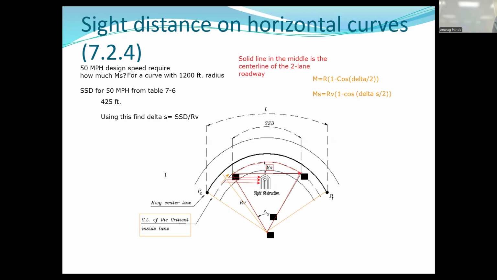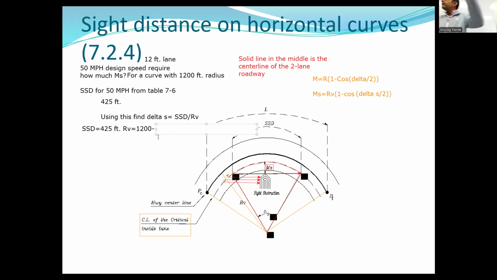So your RV in this example, SSD is 425 feet, we said that. And RV will be 1200 minus half the lane width. Let's assume a 12 feet lane. So what should I subtract to get RV from R?